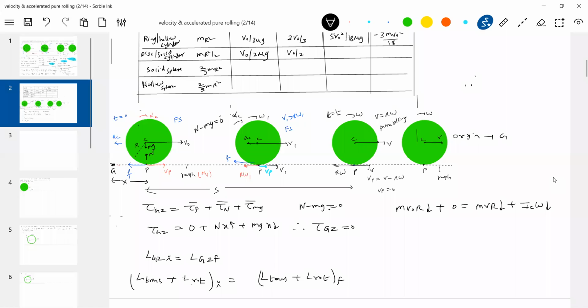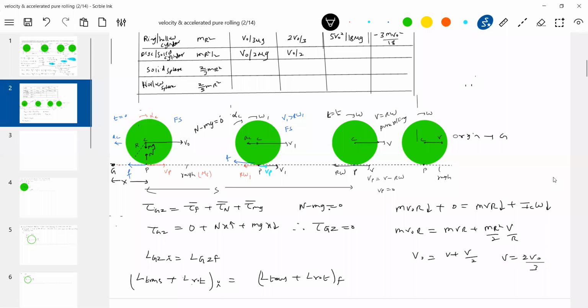This will also be clockwise. So this will become m v naught r. This is a rigid body disk, m r squared by 2, and for pure rolling, v should be equal to r omega. Check it now. m r gets cancelled, so v naught equals v plus v by 2. Finally, v is equal to 2 v naught by 3.